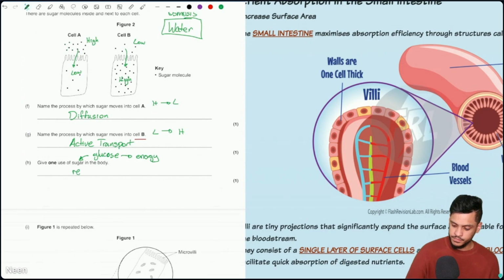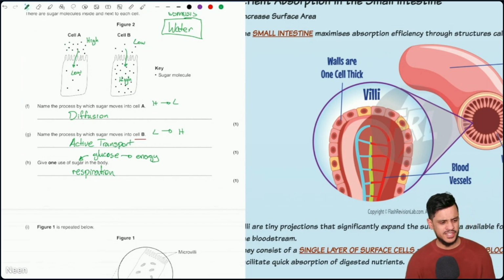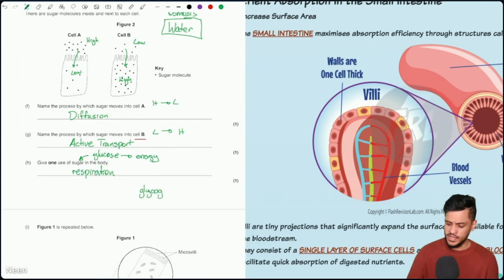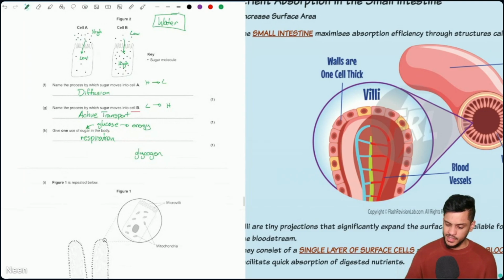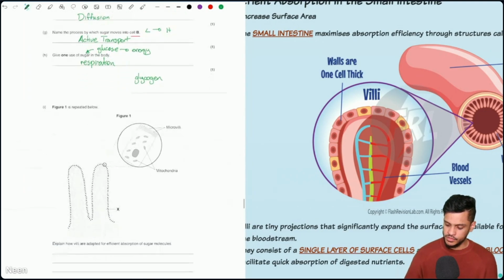Good. Respiration. You can say other stuff as well. Glucose is stored as well, isn't it? It's stored as glycogen. So you can say that as well. It's stored as glycogen in the liver. You can also say that you use the glucose to make amino acids. You can say that as well. But yeah, the main thing you should think is respiration whenever you think about sugar.